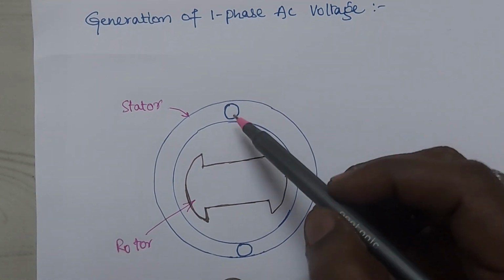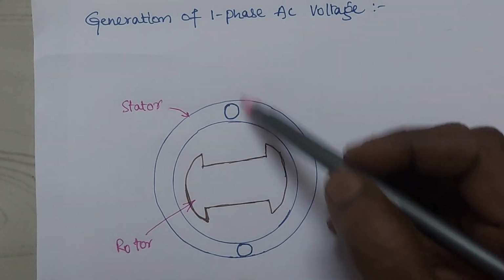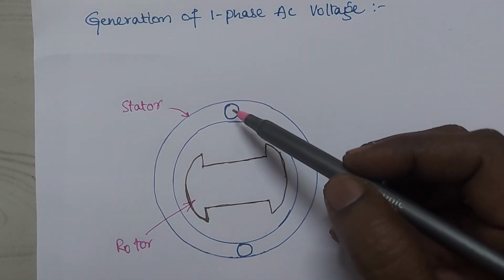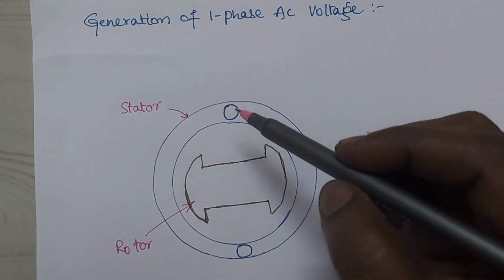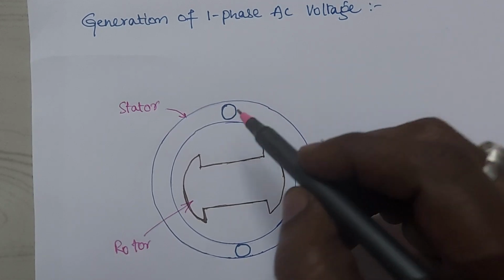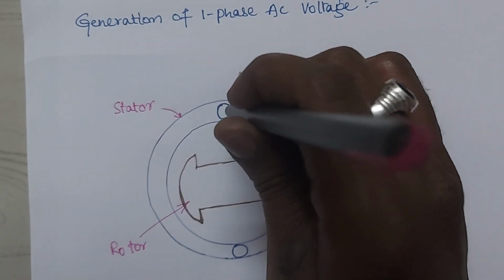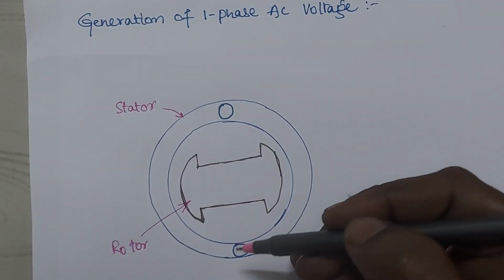Now here the conductor coil is placed in the stator. These are the conductors. Here this conductor is a coil. This is actually how this coil is made: one conductor is passed through like this and taken from the back side, and it is a return path for this one.